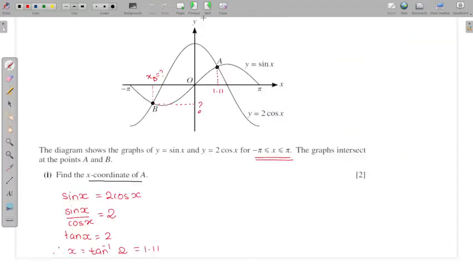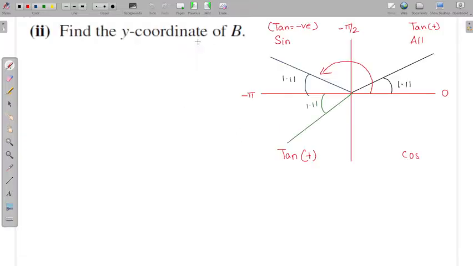We have till minus pi. Okay, this is the minimum possible value for x that we can have, and tan will again be negative in the cos quadrant, but again that will go beyond the range given, so we have to work with the sine quadrant. So if the total angle is minus pi and this angle is 1.11, that means this will be minus pi plus 1.11.